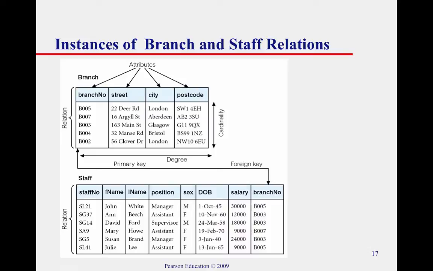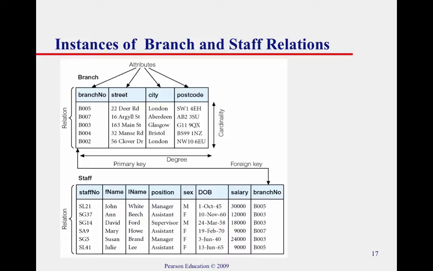At any rate, those are foreign keys. Foreign keys are used to establish relationships between relations, and they also allow us to easily combine them so we don't have to redundantly store information.